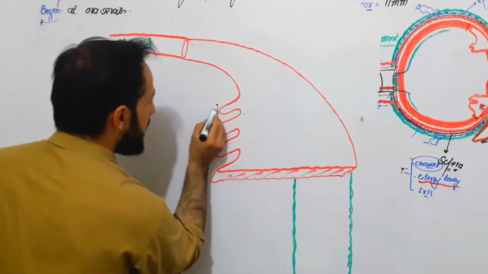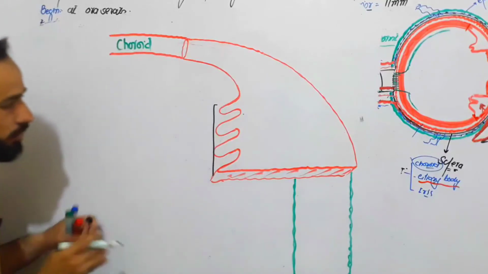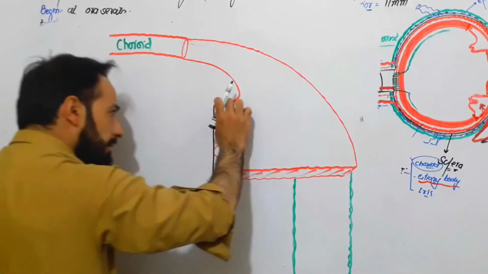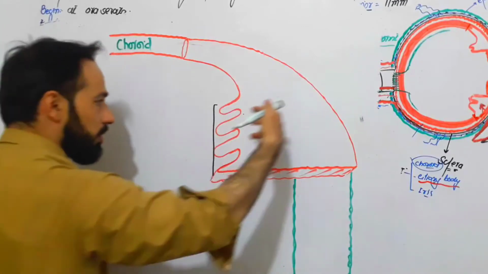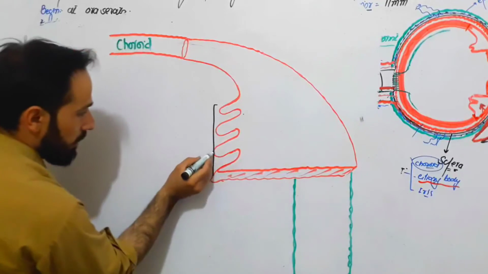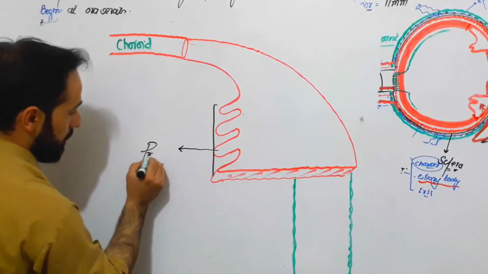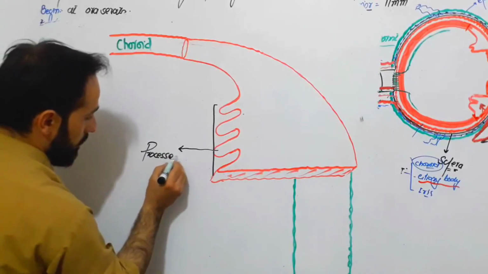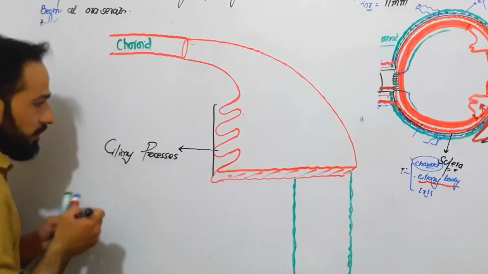The interior one third part of this ciliary body has these plications, right? These outgrowths, and these are called the ciliary processes, right? Let me write their name, ciliary processes.